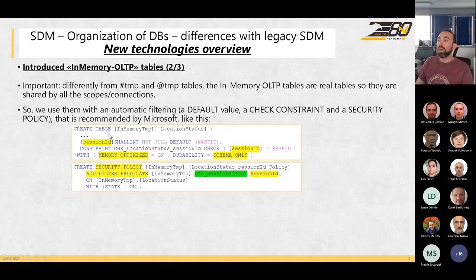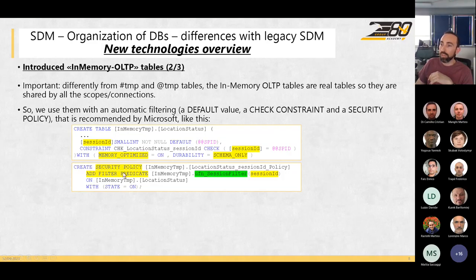Well, actually, there is a way to avoid reading data that is not from your session. That is what we are doing. And it is the usage of a check constraint combined with a default value for writing in a column called session ID, the current session ID, the SPID, and a security policy.